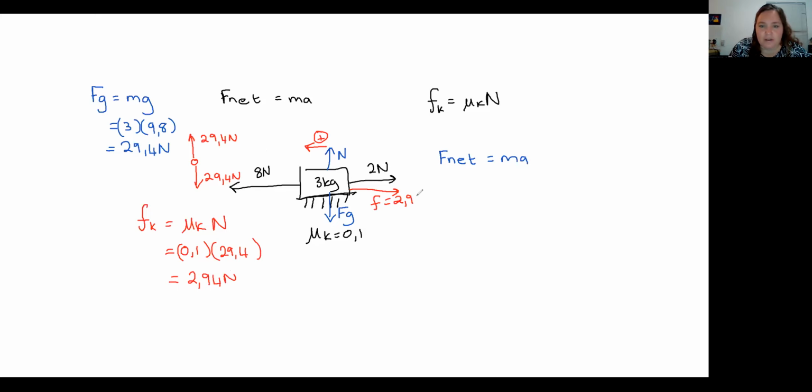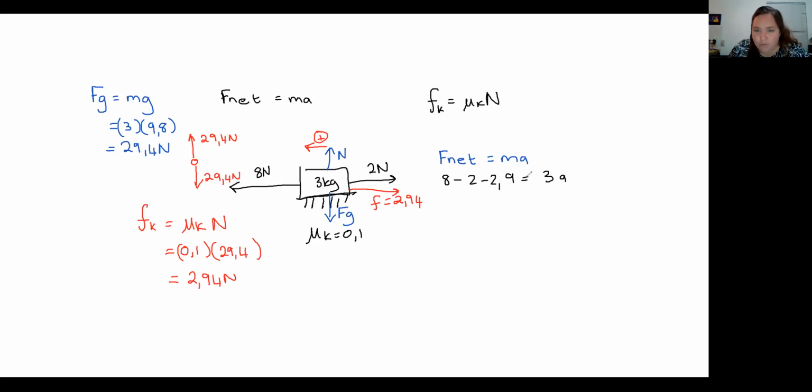So 2.94 newtons. To work out my resultant force, I need to make sure that the forces towards the left and the right are still not 0. Okay? Otherwise, I may not actually have reached this force. We may not be moving. It may not be kinetic, but I'm happy with what I've done here. So if I say 8, because that's a positive, minus 2, minus 2.94 is equal to my mass, which is 3 times my acceleration.